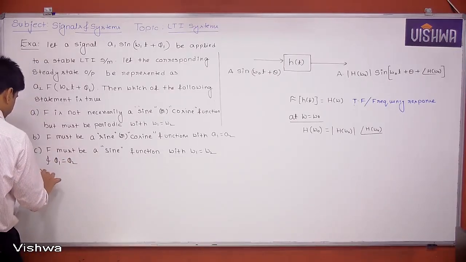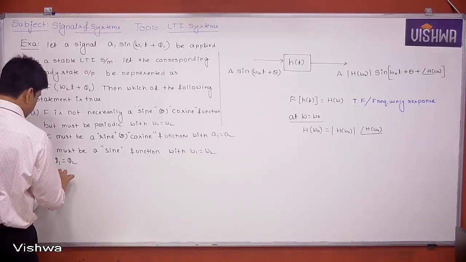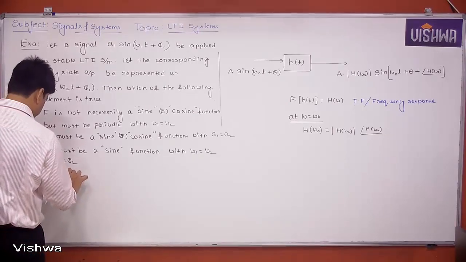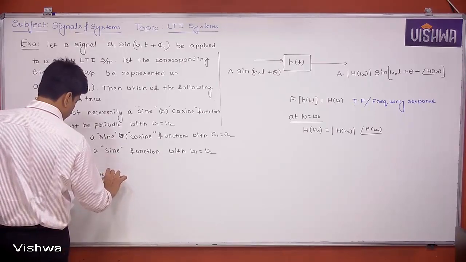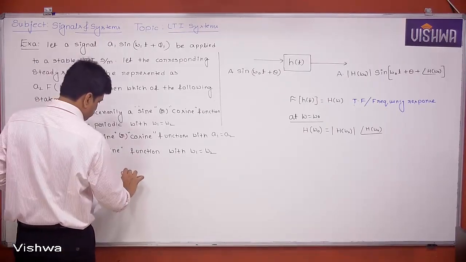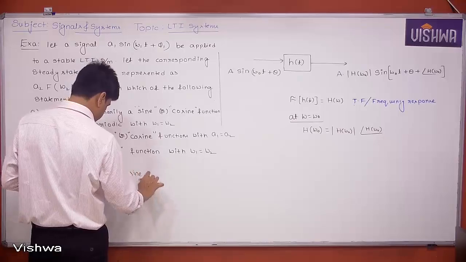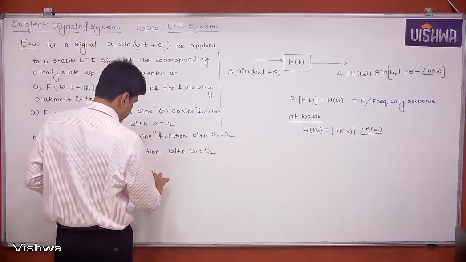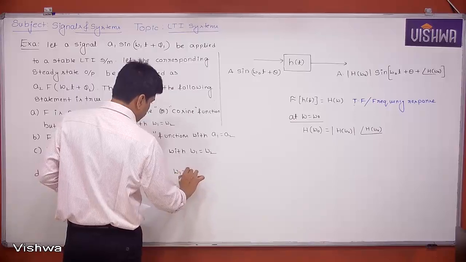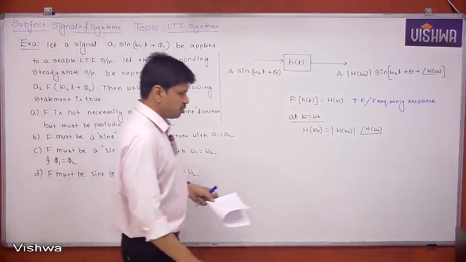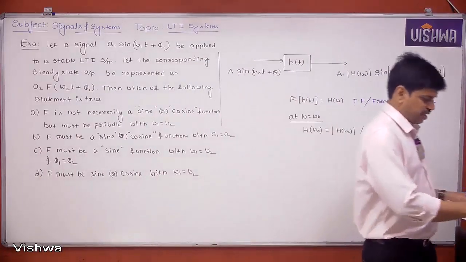Option D. F must be sine or cosine with omega 1 equal to omega 2. Which option is correct?